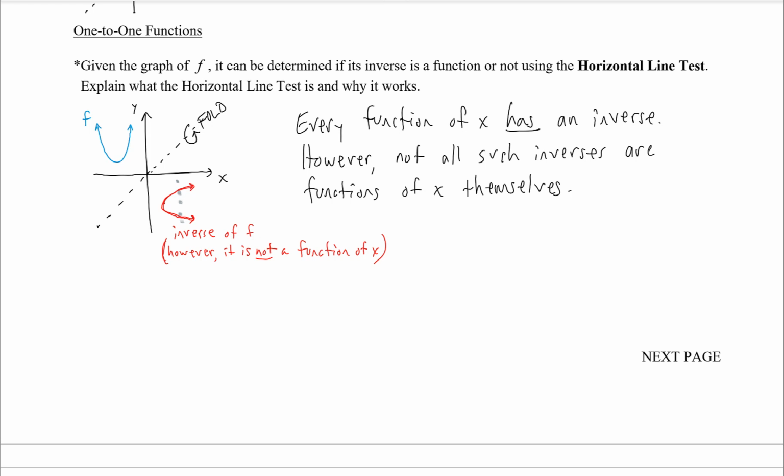So in mathematics, we like to know ahead of time if the inverse is going to be a function of x. I don't want to have to graph the inverse before I know if it's a function of x. I'd like to know ahead of time.